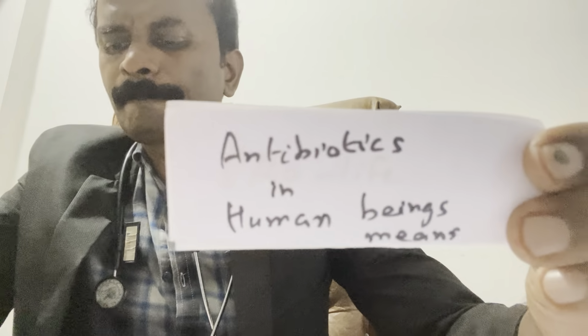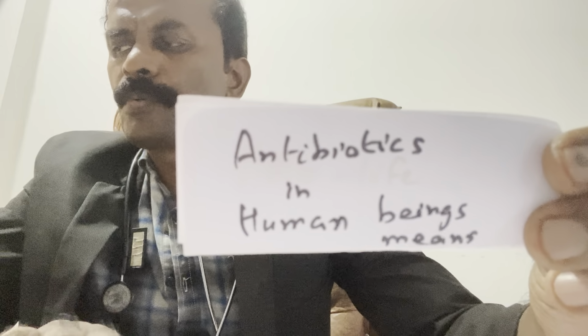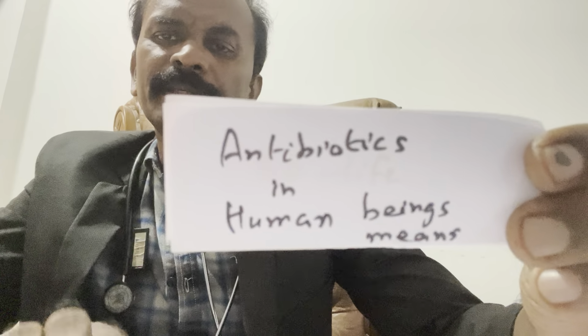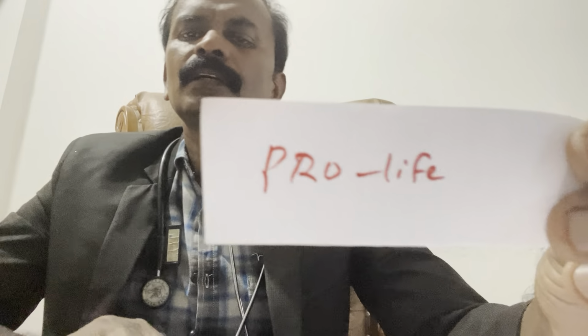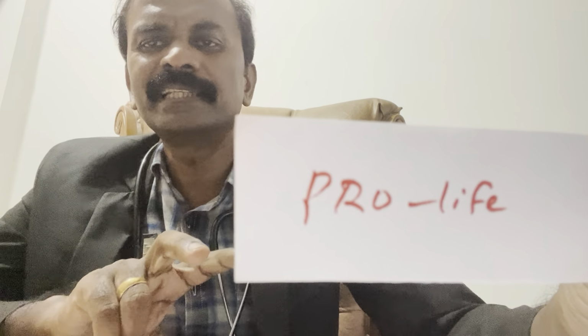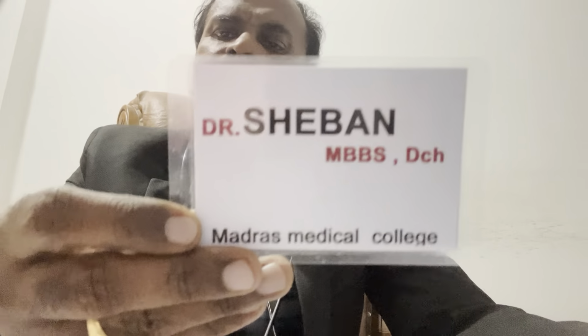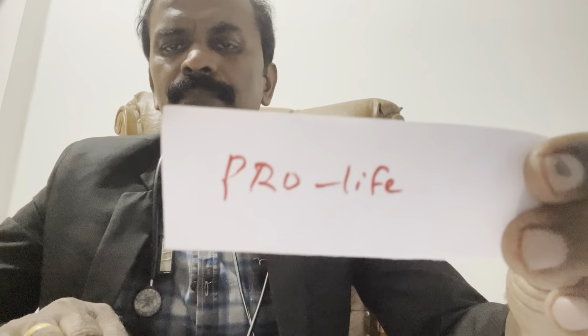Antibiotic in human beings means... Antibiotic in human beings is called pro-life. Match the following. They will keep pro-life this side, they will keep antibiotic that side. That time you must remember this. Okay? Pro-life.